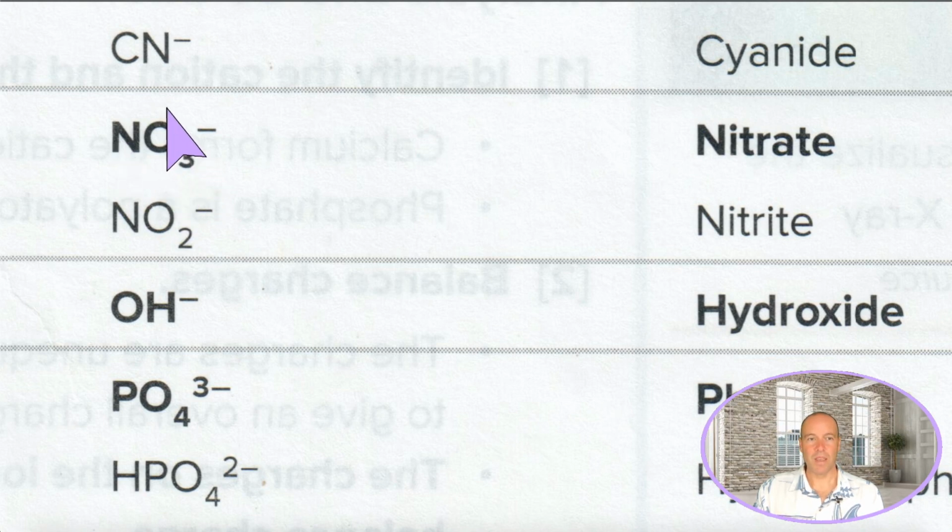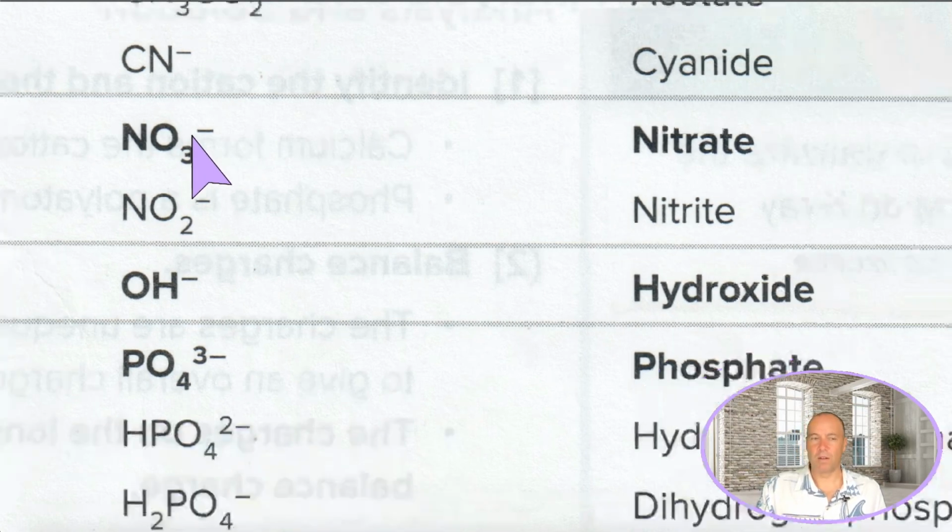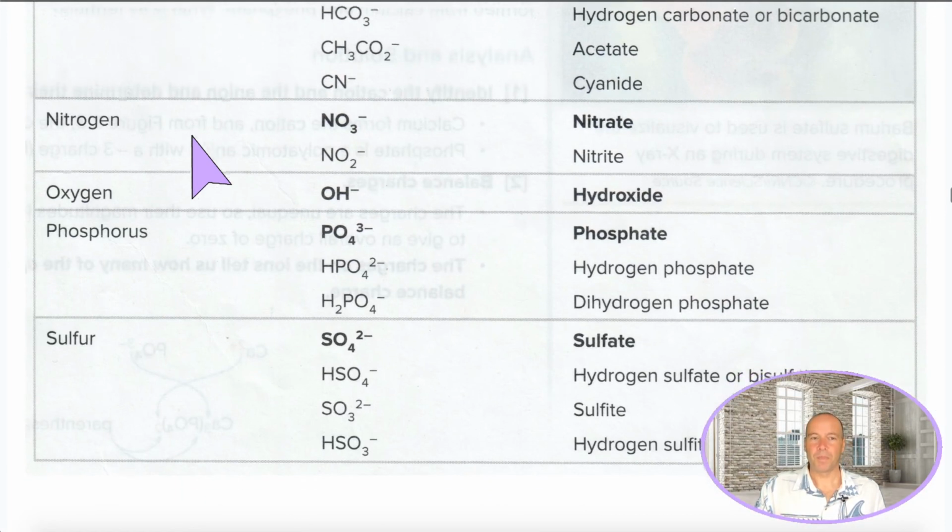So again, a polyatomic ion is this group of atoms that are bonded together. It's like a charged molecule. The atoms that are bonded together are held together through covalent bonds, but collectively there's an extra electron in there somewhere. Okay.